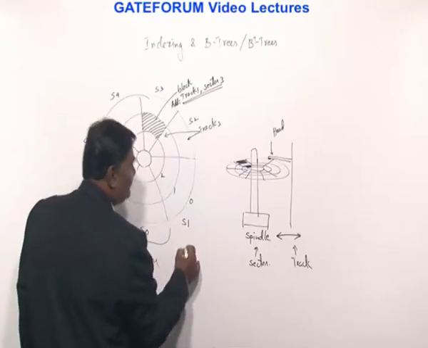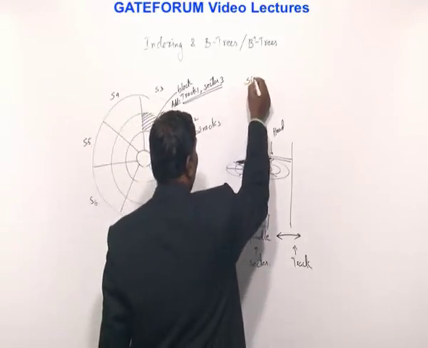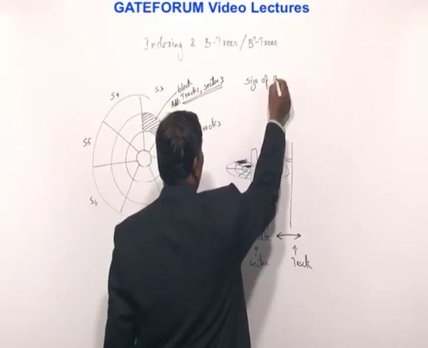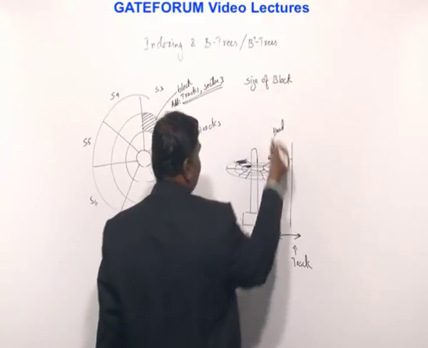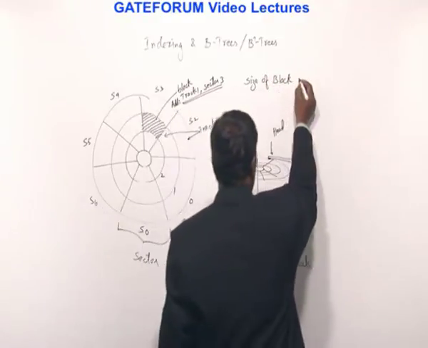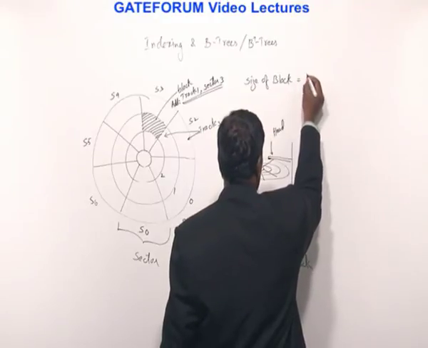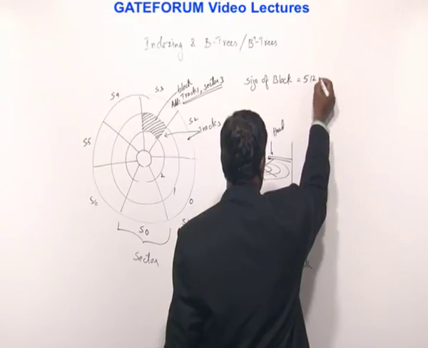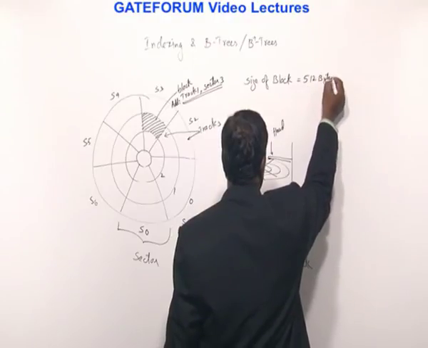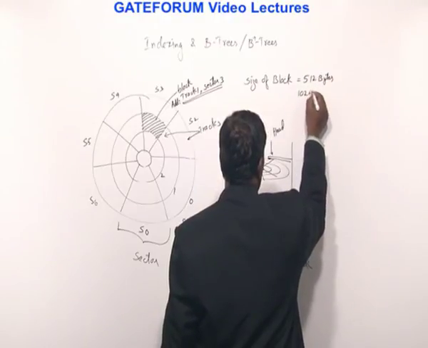Let us talk about the size of a block. The size of a block can be anything. It depends on the hard disk. So typically we take it as 512 bytes or 1024 bytes.